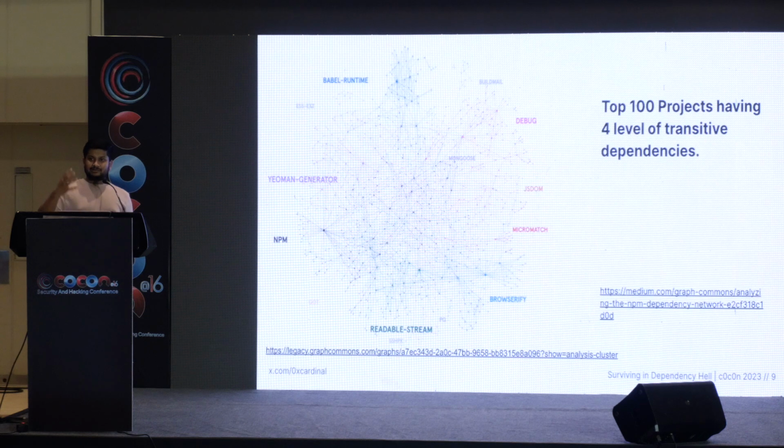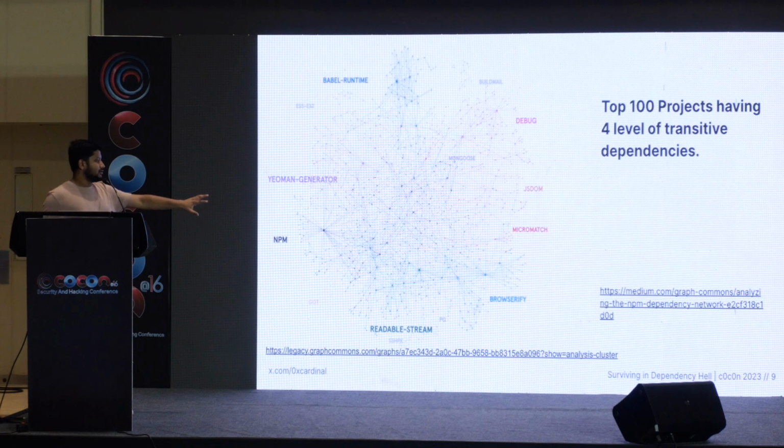This graph is showing the top 100 projects on npm, and the transitive dependency is just 4 levels deep, and you can see the crowd that is there. All the nodes and clusters tell you, okay, this is the dependency.